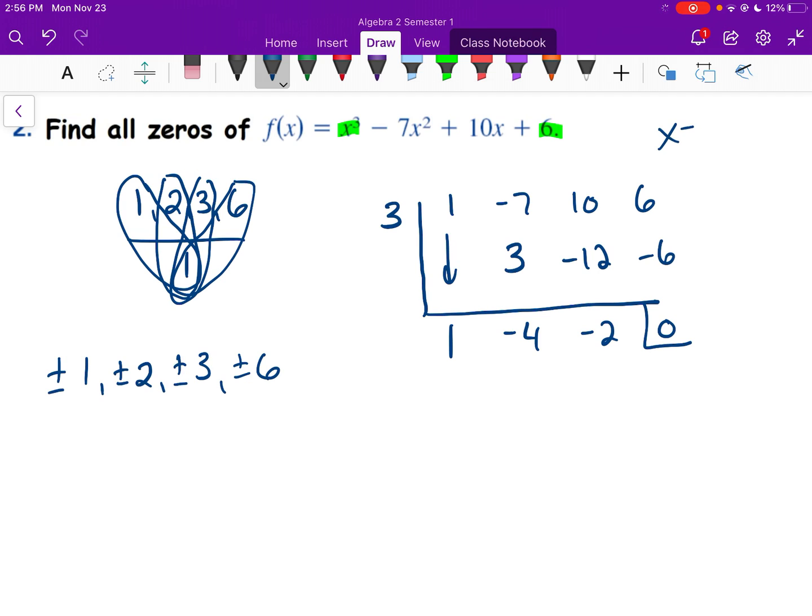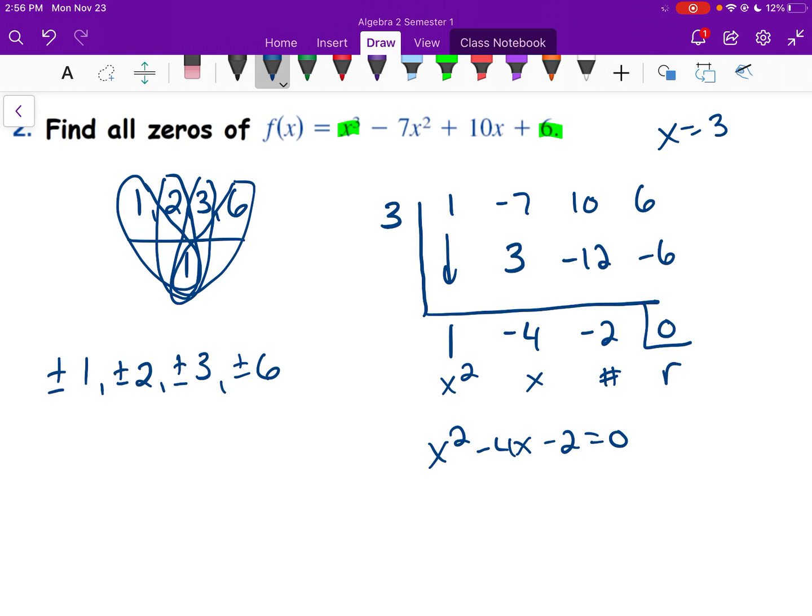Right there we confirmed that 3 was a 0. Now when we did that synthetic division, we got it to 1 degree less, because again, remainder, constant, linear term, quadratic term, x squared minus 4x minus 2 is equal to 0.